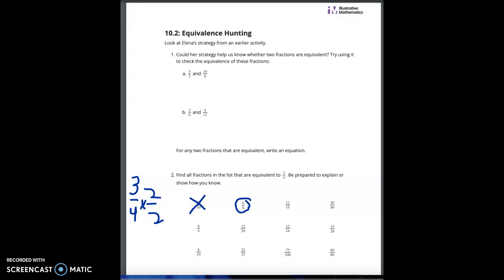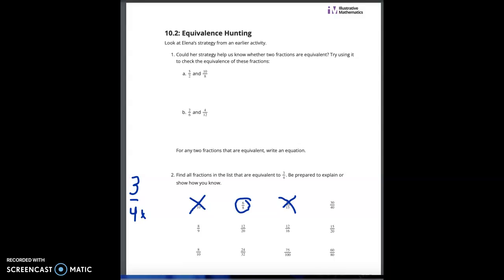All right, is there any number we can multiply 4 by to get to 15? There's not, so that's not an option. Is there any number we can multiply 4 by to get to 40? Yeah, there is. 10 times 4, right?